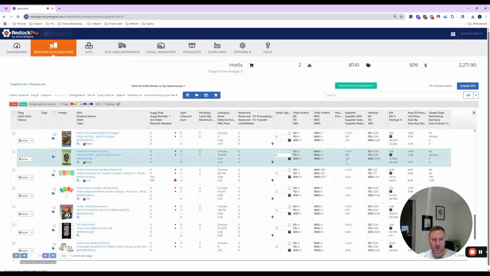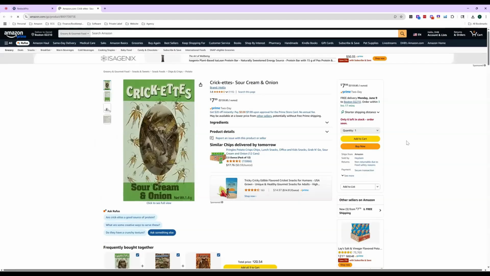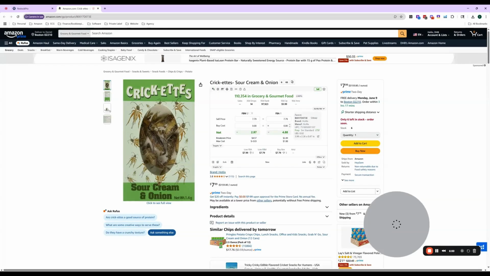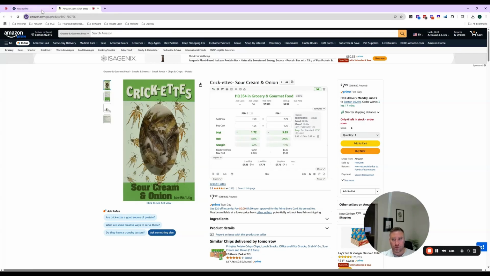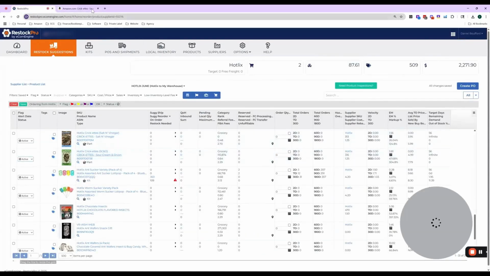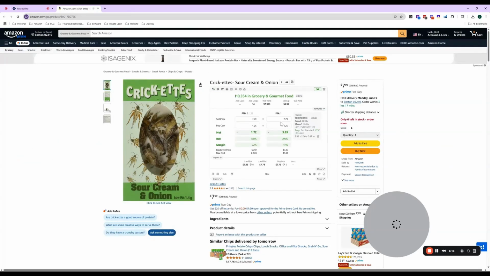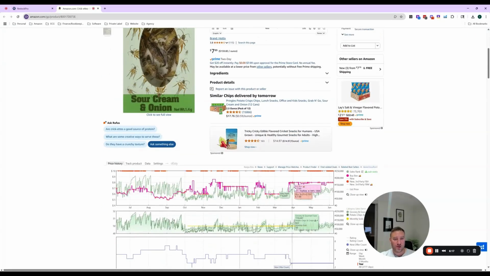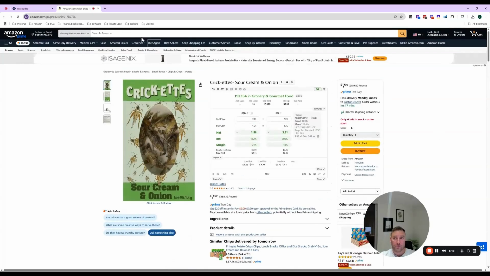And see, this one looks insanely profitable. $125 buy cost, or was it even less? Yeah, $125. So this makes 50% margin, almost $4 a unit. Not bad, not bad.